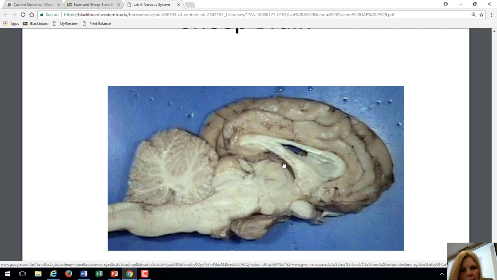So above the thalamus is the third ventricle, and this little light brown tissue tucked in there is the choroid plexus. So you've got the thalamus, third ventricle, choroid plexus, and this little gland coming off the back of the thalamus is the pineal gland.